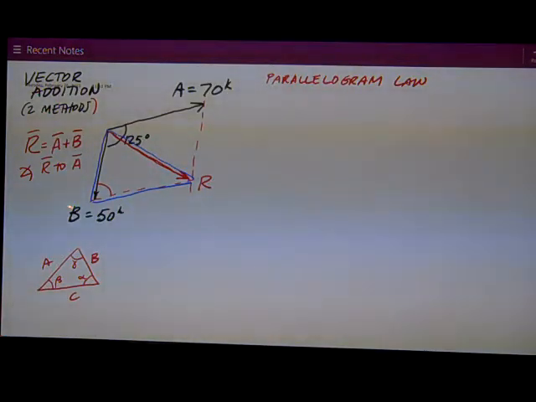Because I know the lengths of these sides. This length is B, and it's 50. This length is parallel to A, so that makes this length 70. And so I want to know that angle there.